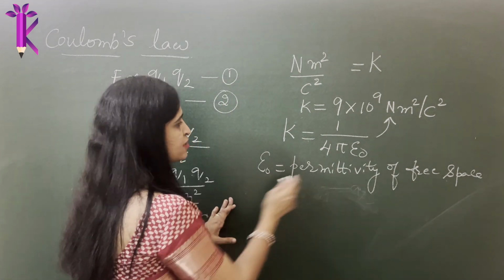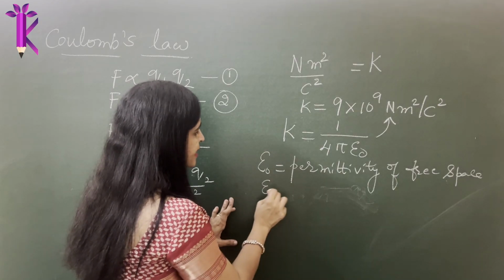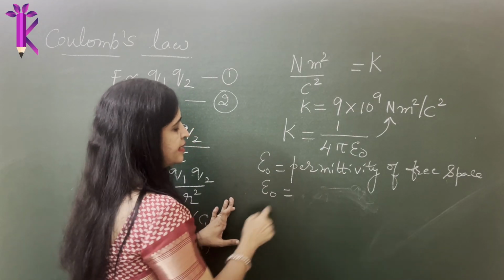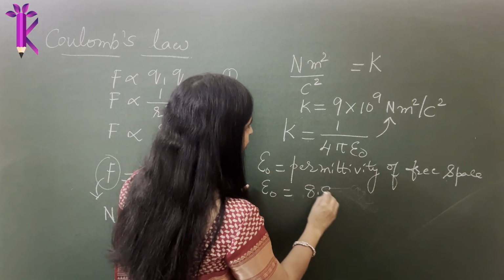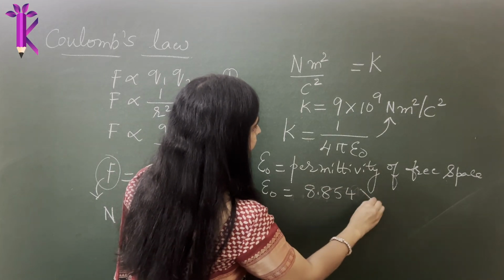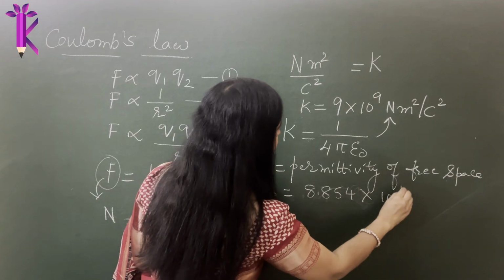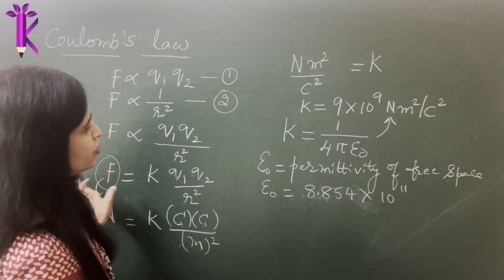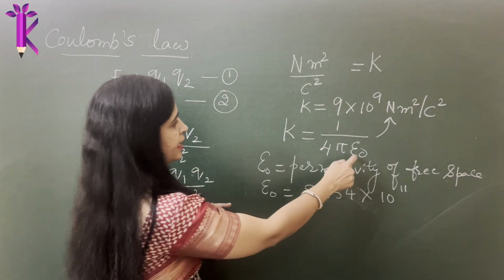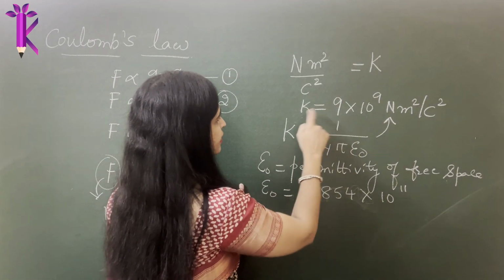So that is what is permittivity of space, and that value is given by, I think, 8.854 into 10 to the power of 11. So what will be the value of K? Because it will be the reverse of this, right?